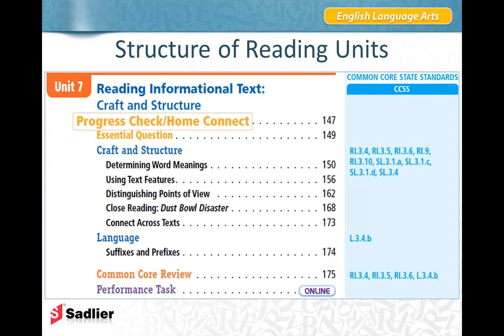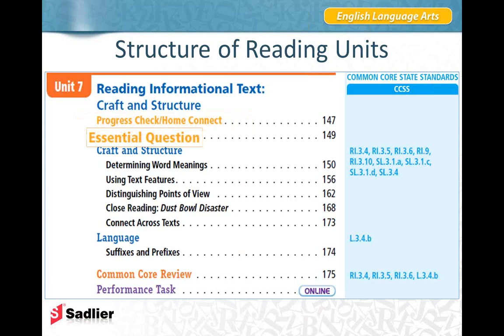We introduce the unit with an introduction about the theme and the standards. We also have a progress check and a home connect, so the students will be able to self-diagnose their skills, and also there's a page for the teacher to send home to the parents so that the parents understand what's going on in the classroom.